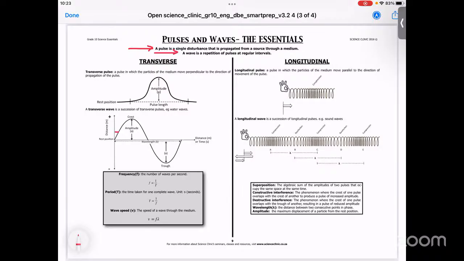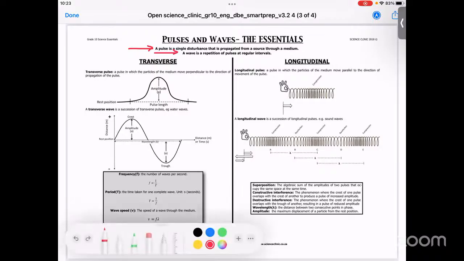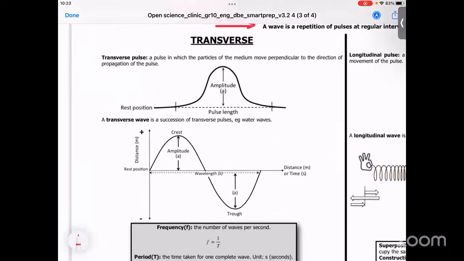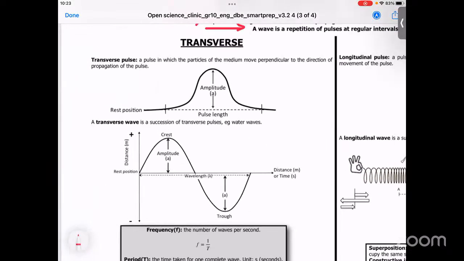So very quickly, let's summarize a transverse pulse. It is a pulse in which the particles of the medium move perpendicular to the direction of propagation of the pulse.